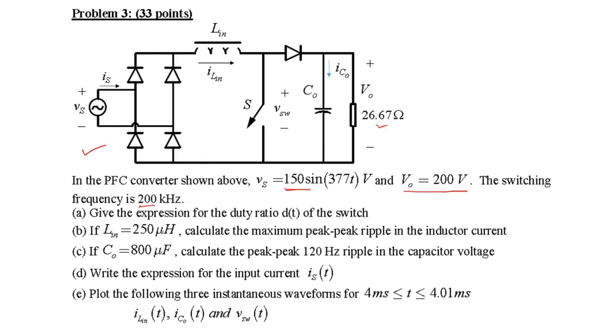If you go back and look at part B, given the input side inductor after rectification is 250 microhenry, we need to calculate the maximum peak-to-peak ripple in this inductor current, which is also the same as the high frequency ripple on the AC current as well.